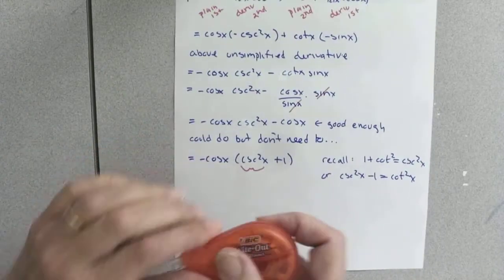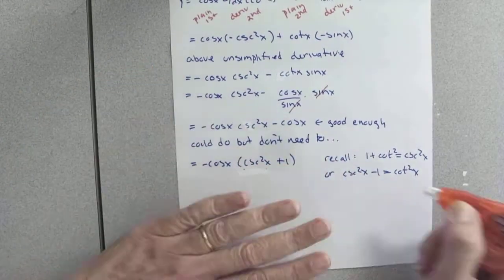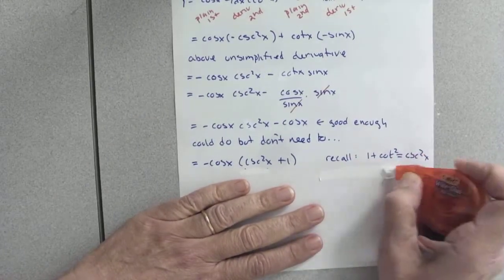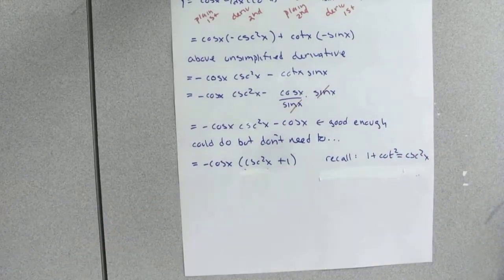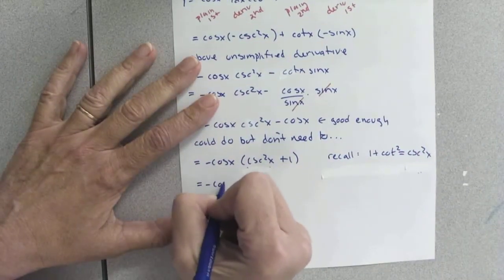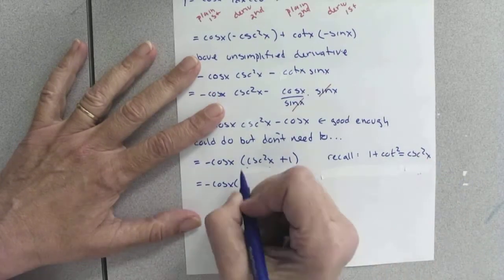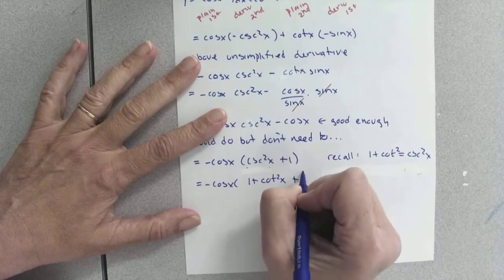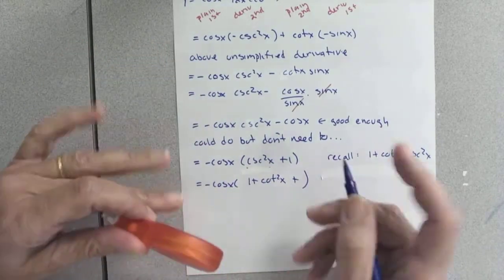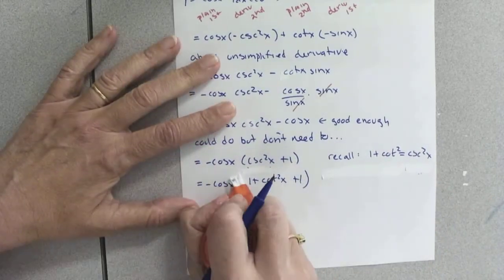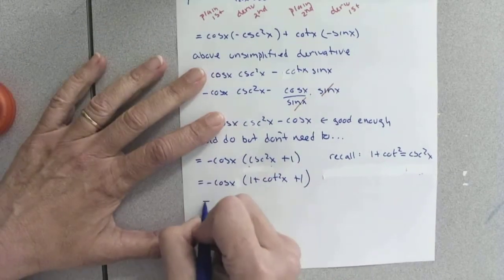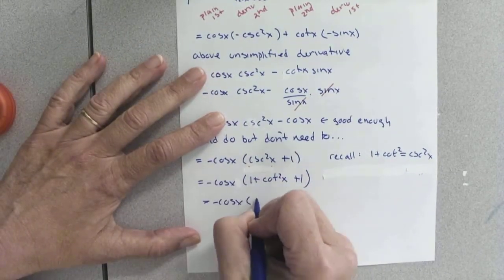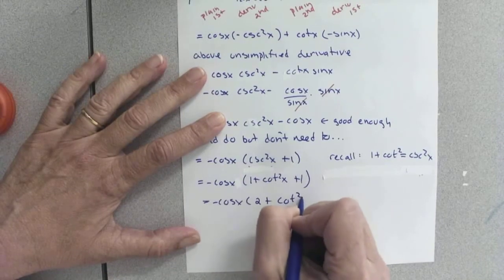That's true, but pretend I didn't write that there, because I don't need it. So then cosecant squared is that, so I could say 1 plus cotangent squared x plus 1. Didn't put my 1 in there. And so then I could have negative cosine x times 2 plus cotangent squared x.